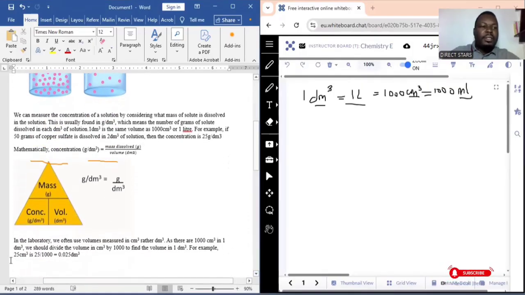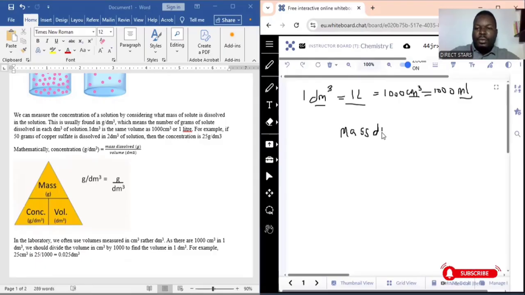Mathematically, we calculate concentration in gram per dm cube by simply using this formula: concentration equals mass dissolved in solution over the volume.